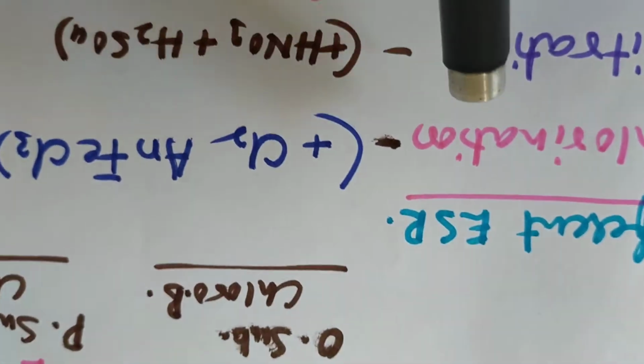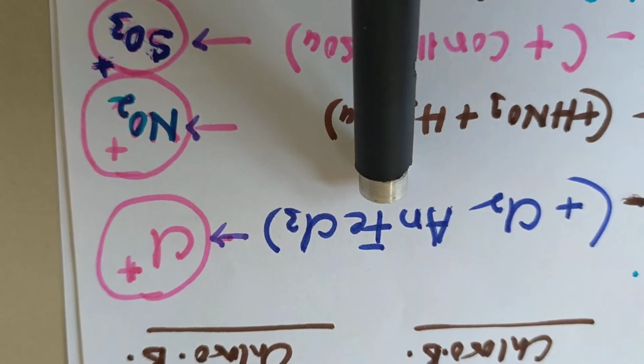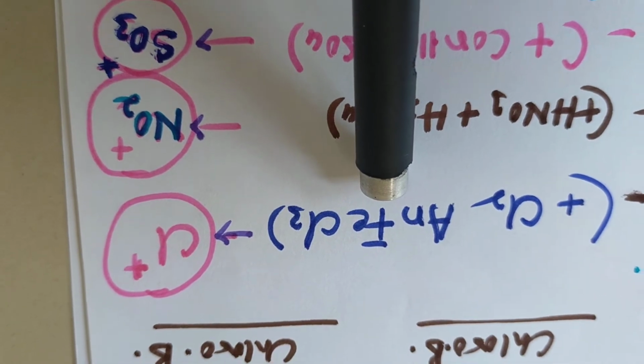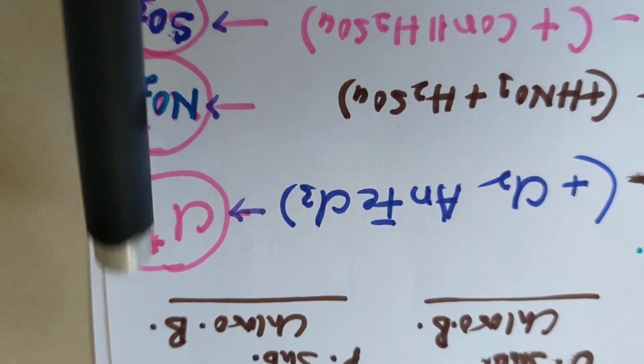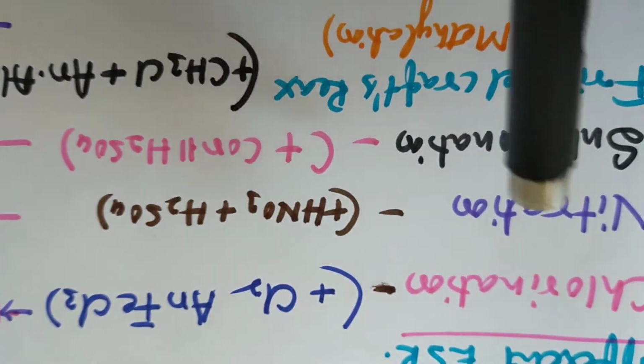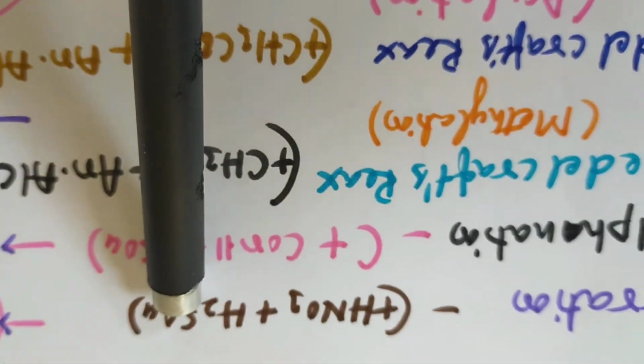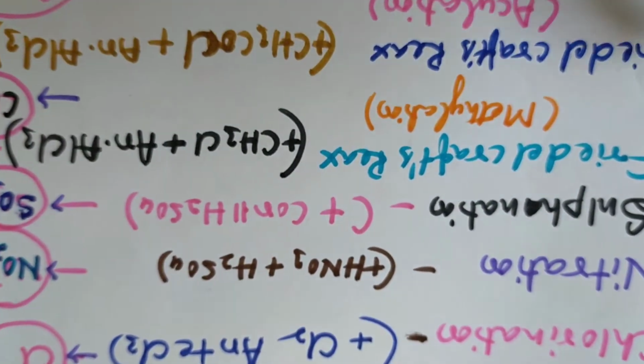What is the product of chlorination? Addition of chlorine in presence of anhydrous ferric chloride, and the chlorine atom is the electrophile. For nitration we take nitric acid and sulfuric acid, and the electrophile is the nitro group.